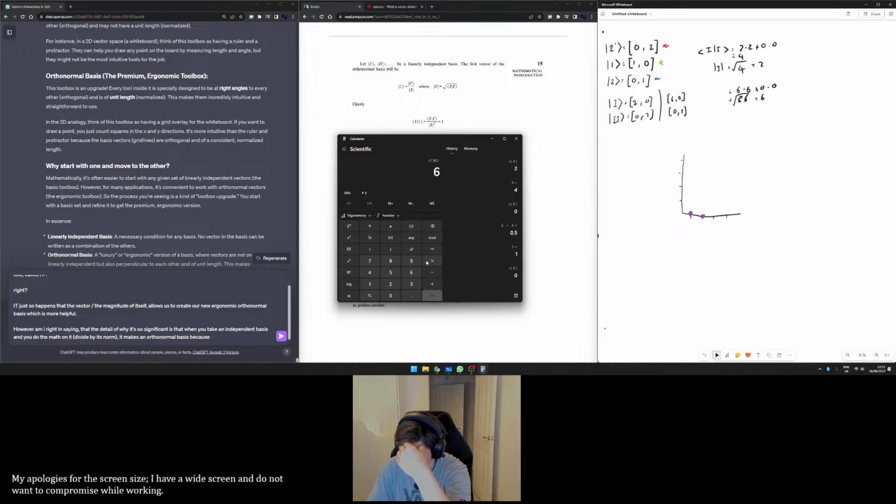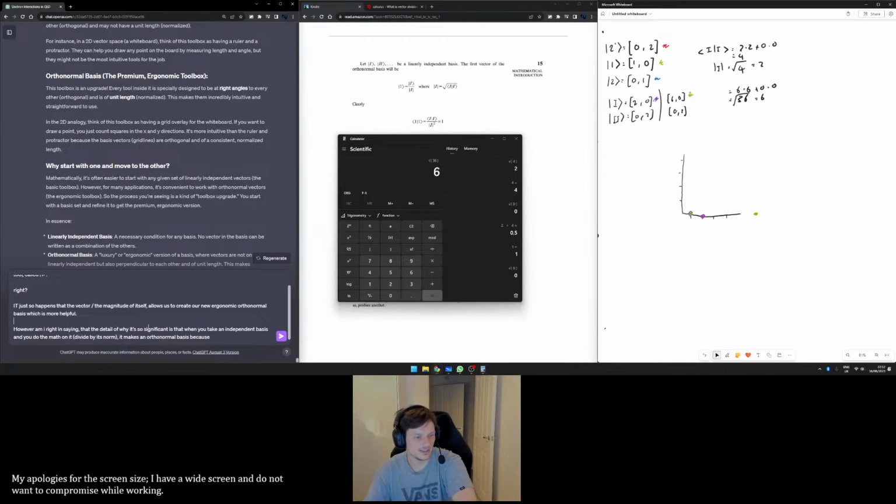So in this case, let's do this in green. We're going to go 6, 0, and then we're going to scale it by 6. So it becomes 1. So we always get the orthonormal.